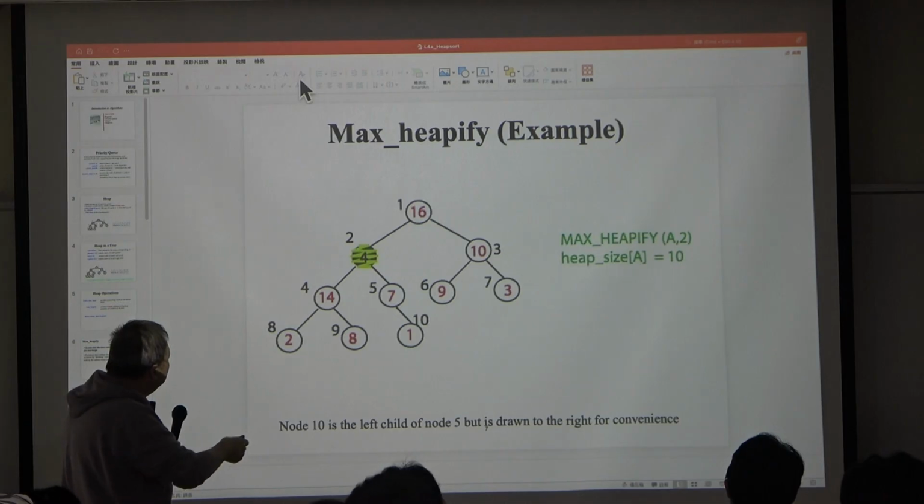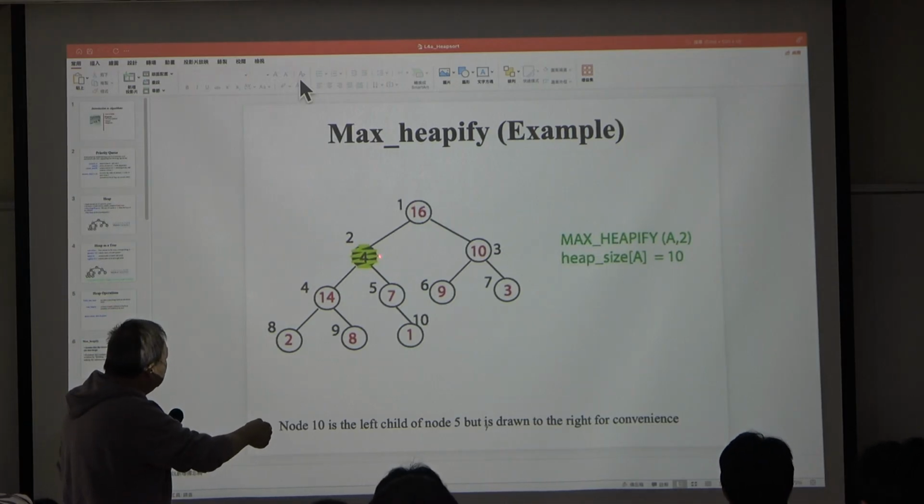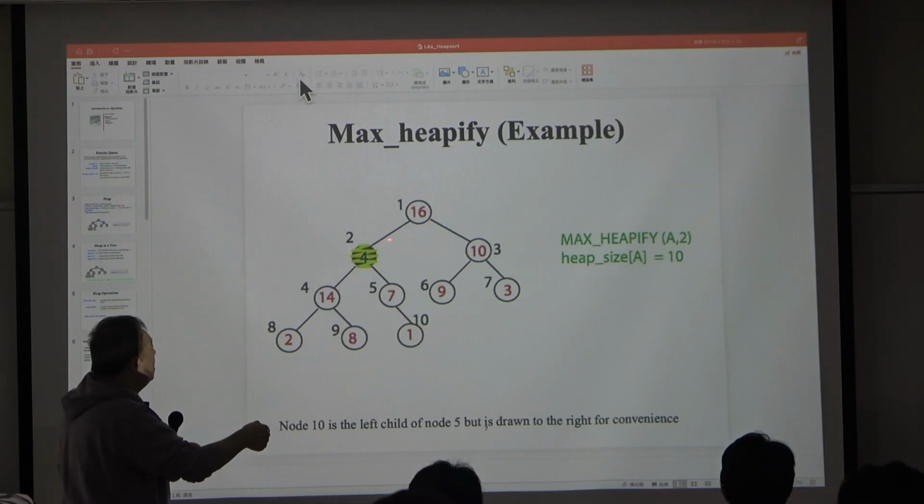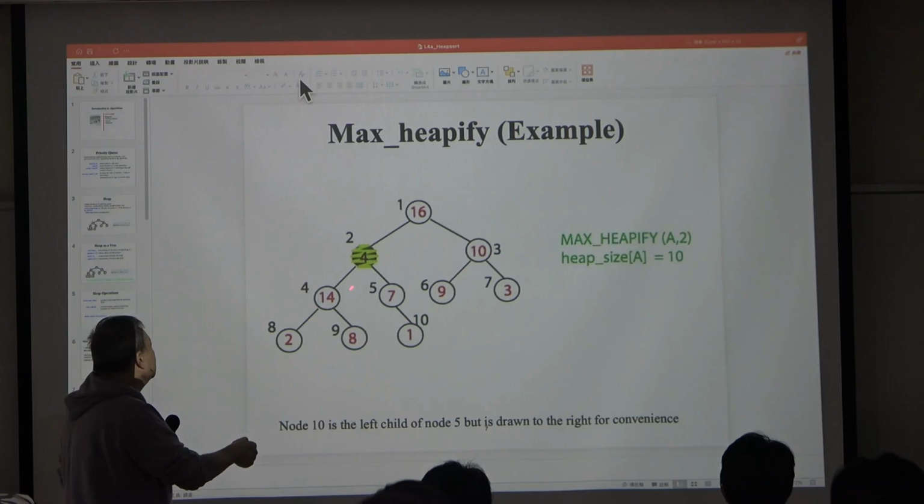You can see that only this node violates the max heap property, right? Because 4 obviously is not larger than its children, 14 and 7.